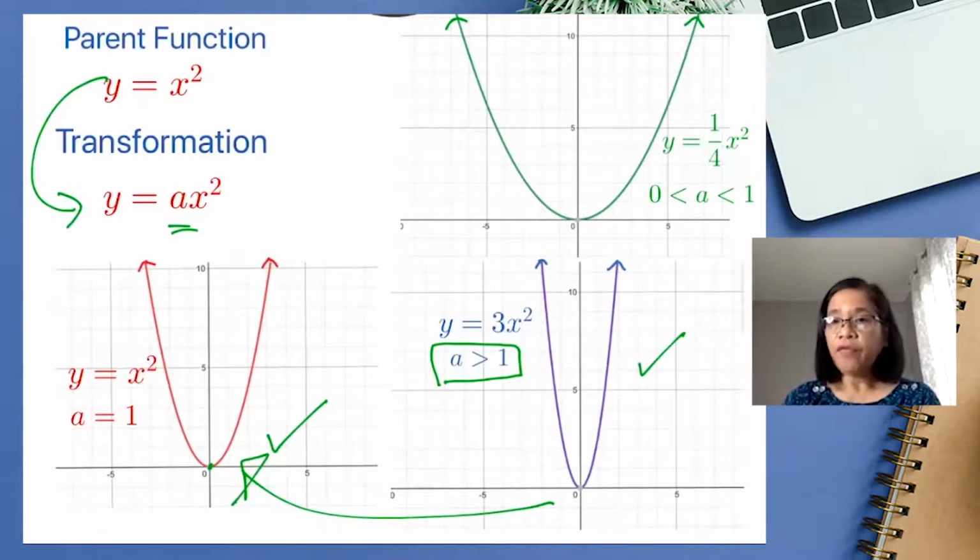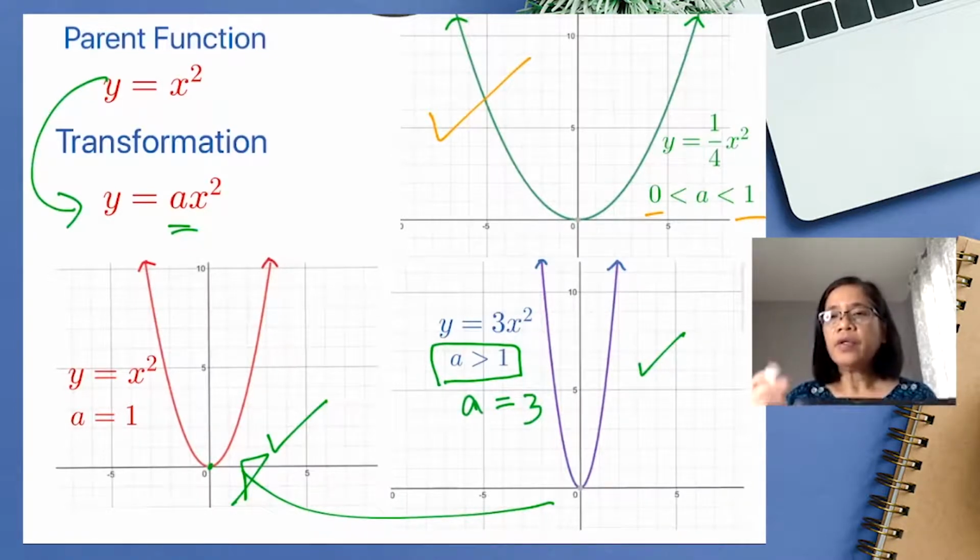The effect of a is on the width or the opening of the parabola. As we change a from 1 to 3, the graph narrows. And if a is a number between 0 and 1, a fraction or a decimal between 0 and 1, notice the effect on the opening of the parabola: it becomes wider.